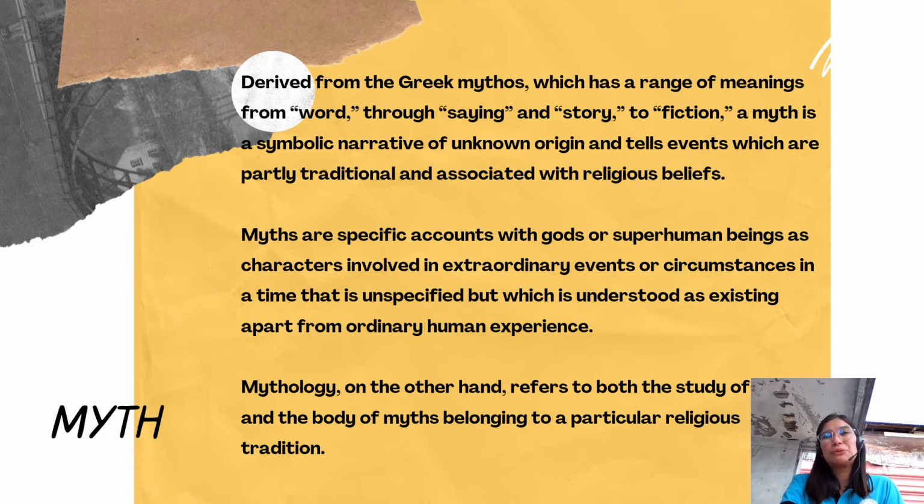So, when it comes to myth, it derives from the Greek mythos, which has a range of meaning from word through saying and story to fiction. So a myth is a symbolic narrative of unknown origin and tells events which are partly traditional and associated with religious belief. So kung saan yung pinagmulan, that is a myth.